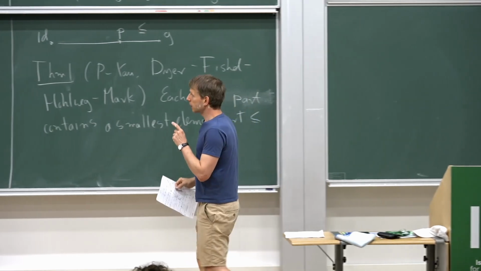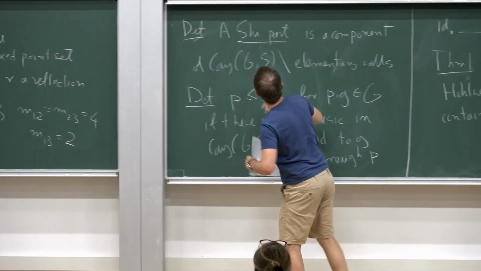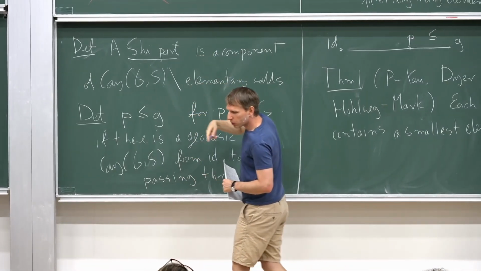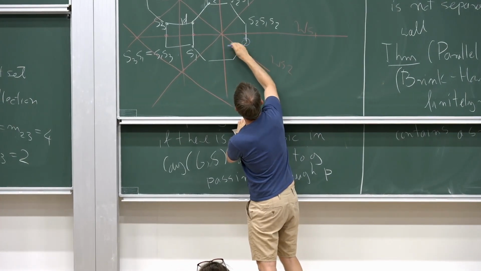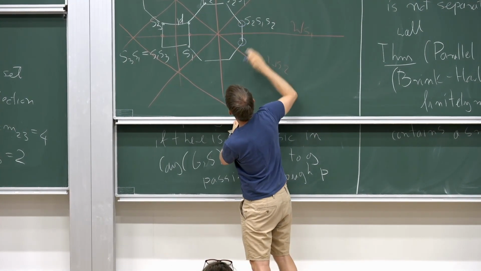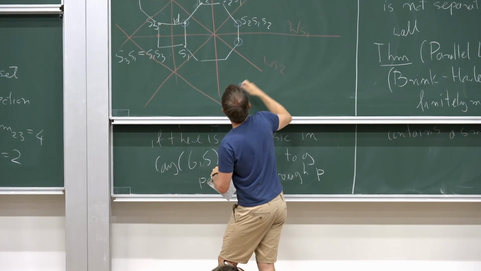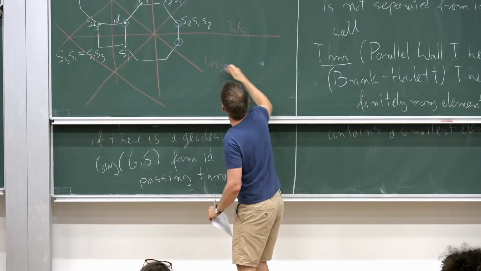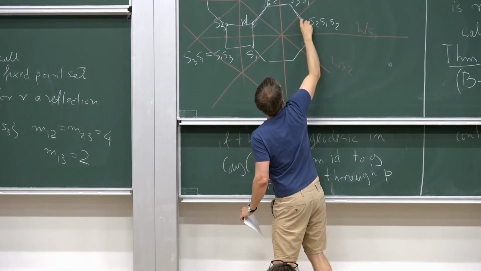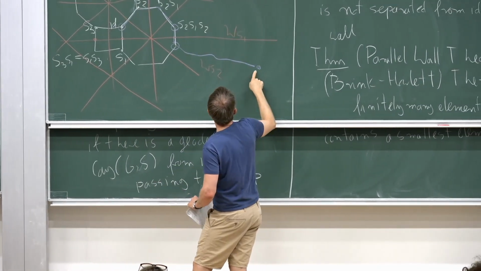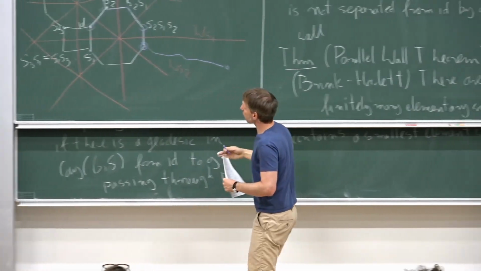Okay, so there is a particular element in each component, in each part, that's smallest, meaning it's smaller than all the other elements in this part. So for example, it's this vertex in this part, this vertex in this part, well, in this component, it's just this one, but you see that if you take any other element in this part, there is a geodesic from this point to the identity going through this particular smallest element.